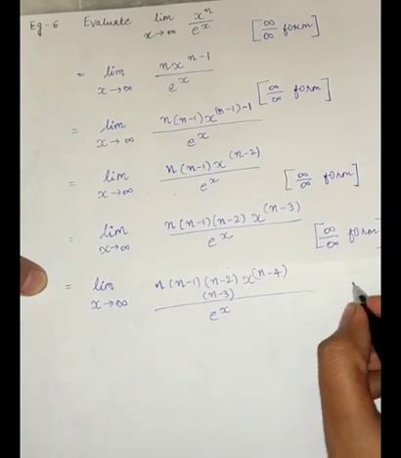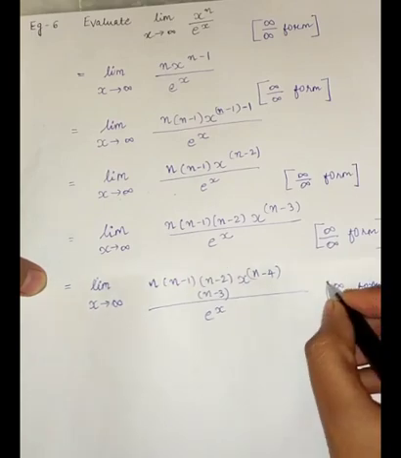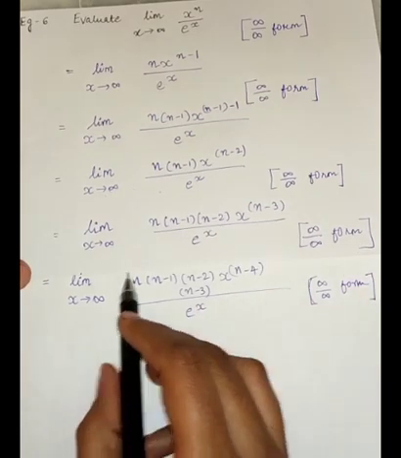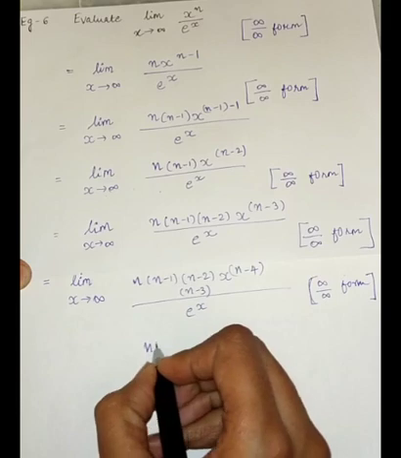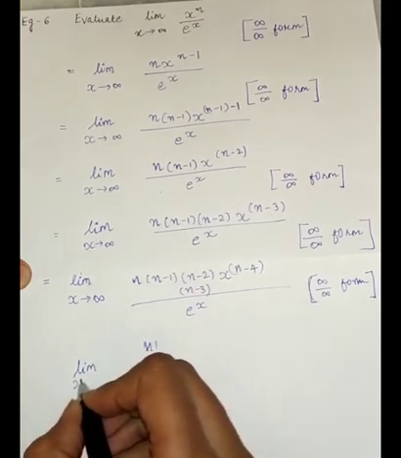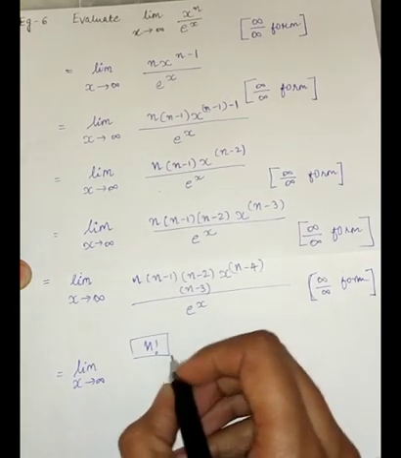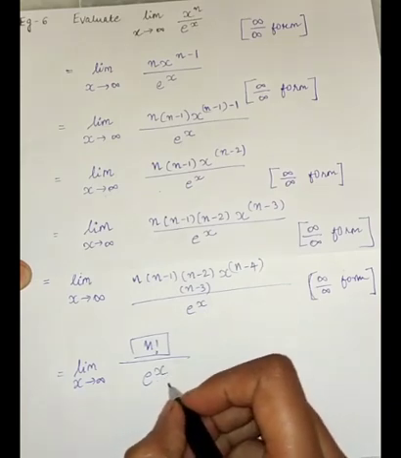Again we get infinity by infinity form, but this process will keep on going. So we can write this numerator part as n factorial. So limit x tends to infinity n factorial upon e raised to x.